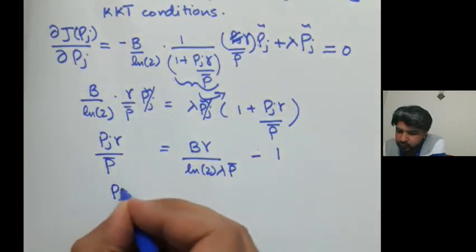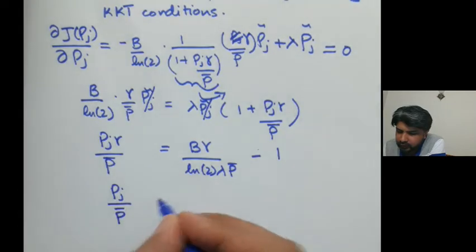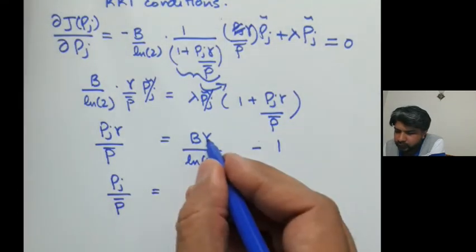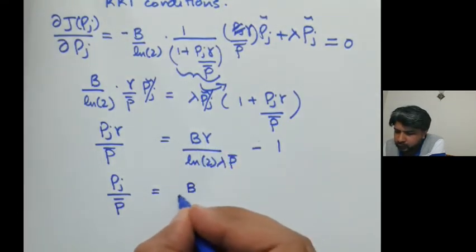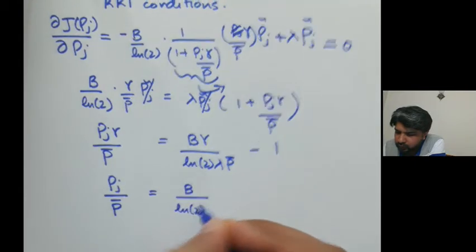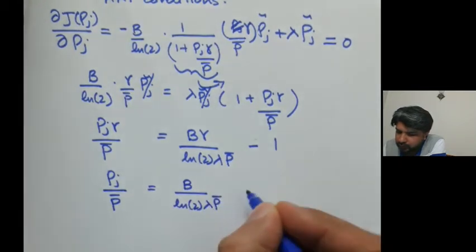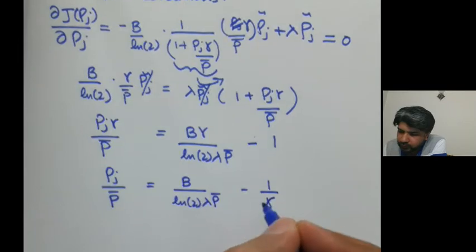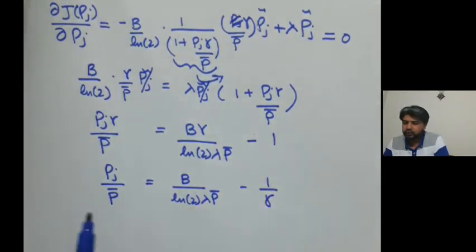That means your pj over p bar, so you have solved for that, is equal to, you have already a gamma here, so that cancels out, b over natural log of 2 lambda p bar minus 1 over gamma. Let me introduce another term here.